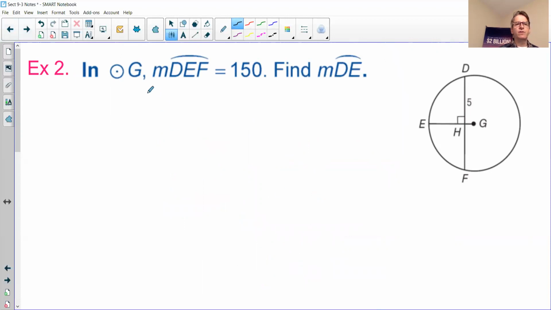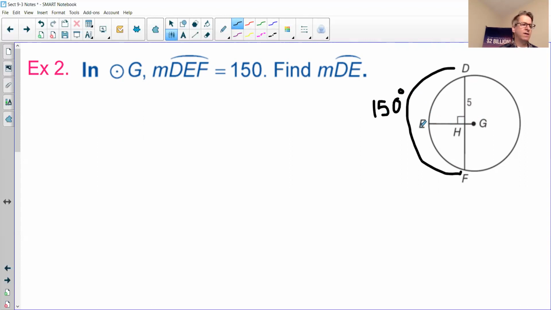Example 2. In circle G over here, the measure of arc DEF is 150, so this whole thing is 150. Now note in the circle we've got perpendicular lines here, and we've got our 90-degree angle.